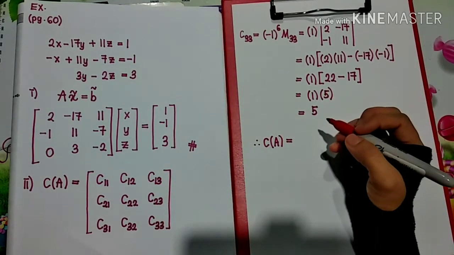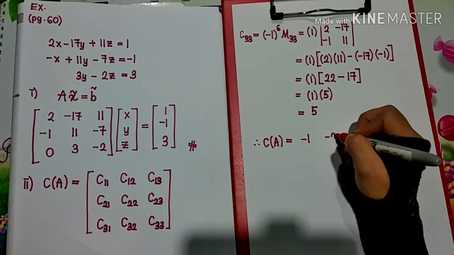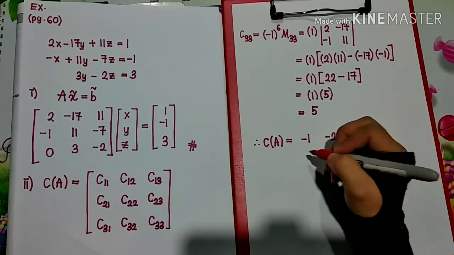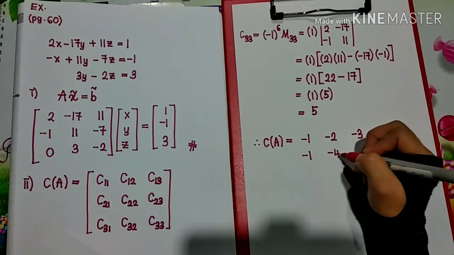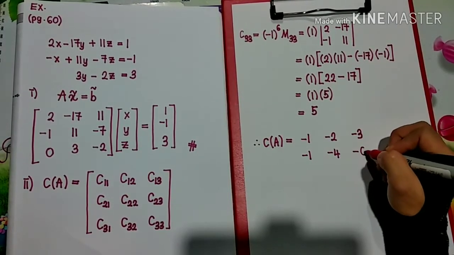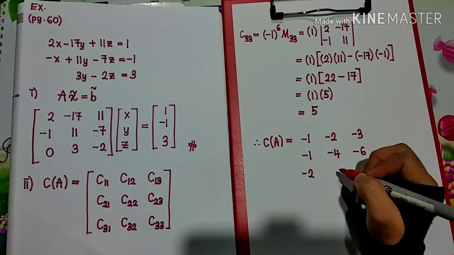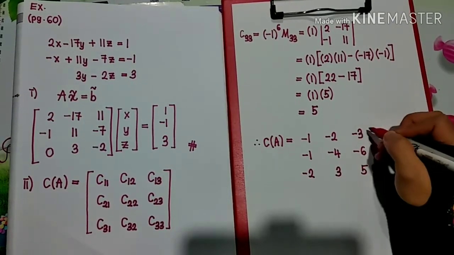C11, negative 1, C12, negative 2, C13, negative 3, C21, negative 1, C22, negative 4, C23, negative 6, C31, negative 2, C32, 3, and C33, 5.